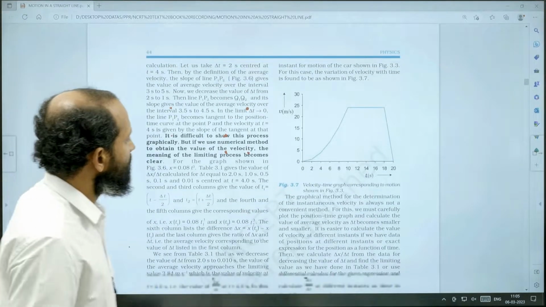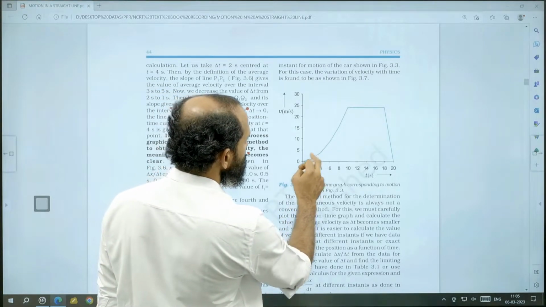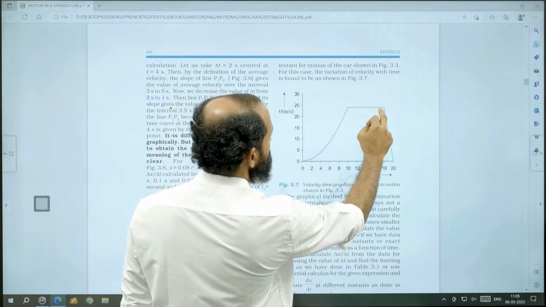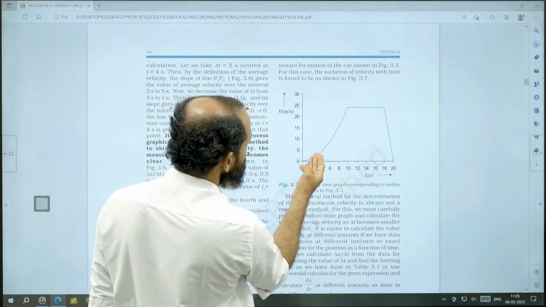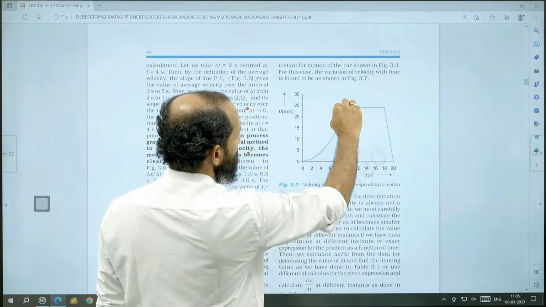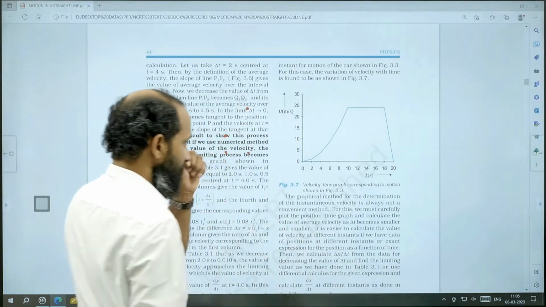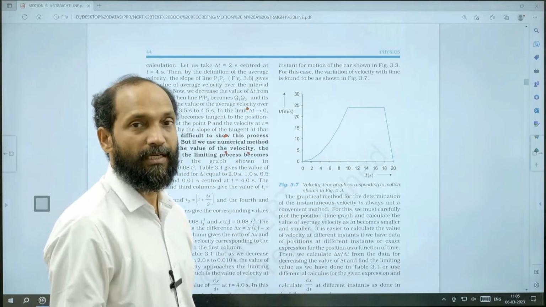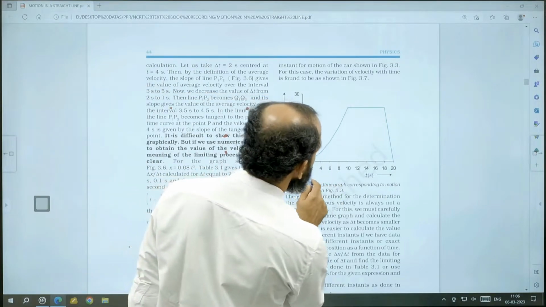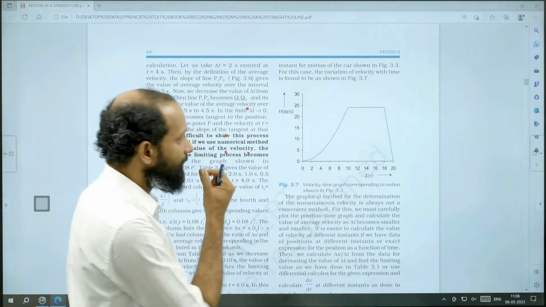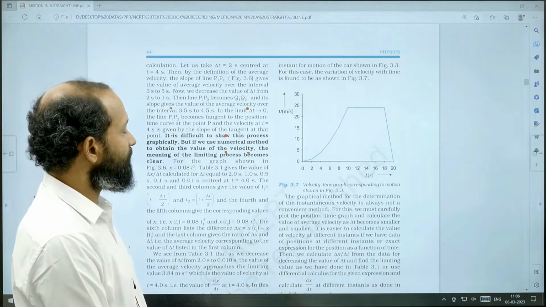See here, the velocity time graph corresponding to the motion. Velocity increases, becomes constant, then velocity decreases. First velocity increases non-linearly, then velocity becomes constant, then velocity decreases linearly. Slope of the velocity time graph is called acceleration. In the first case, time interval 0 seconds to nearly 10 seconds, the body speeded up.